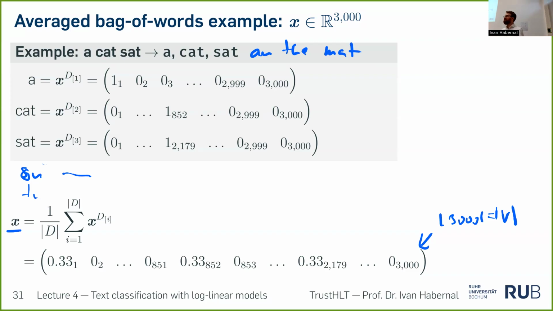Why is it bad? Why is bag of words bad? Well, where will it break? What won't work in bag of words? Yeah, because the order of words matters. Give me an example.